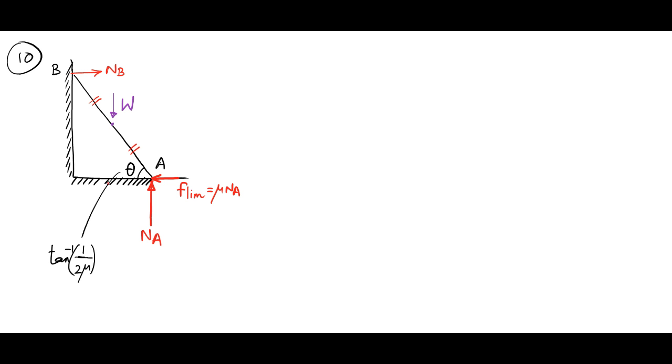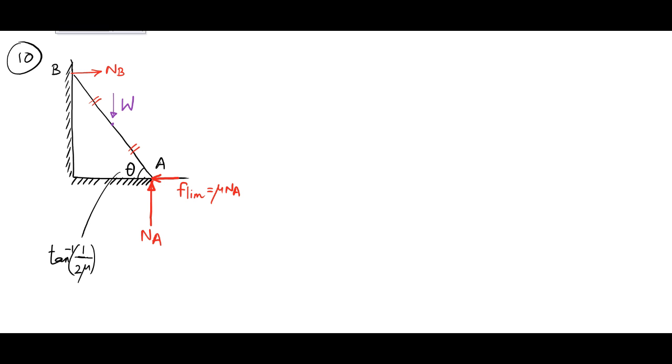In that question we found theta finally was tan inverse of 1 upon 2 mu. It doesn't seem to depend on the value of W. If I had taken W1 in place of W, or W2, or twice W, that weight would not have played any role in the evaluation of theta. Theta would still turn out to be tan inverse of 1 upon 2 mu.